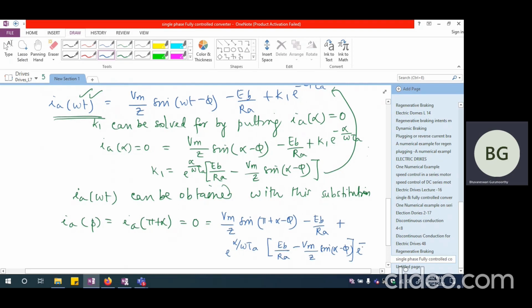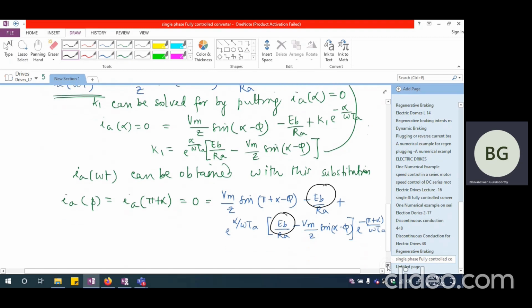So t I can write as ωt by ω, and ωt happens to be π plus α, so the exponent is (π plus α) divided by ωτ_a. Now in this expression, if I equate this to 0, I should be able to get an expression for E_b.